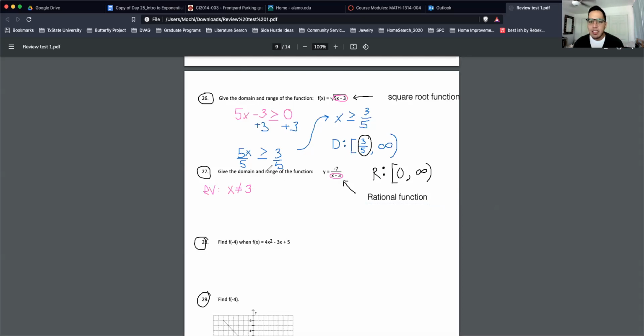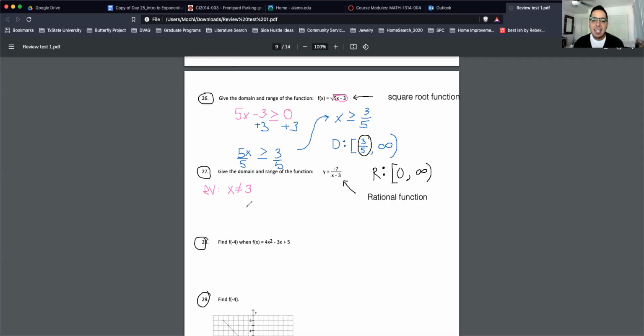Is anybody confused as to why that's restricted? It's perfectly okay to be confused. The reason why it's restricted is because if we plug 3 into the denominator, we would have -7 over 0, right? 3 minus 3 would be 0.